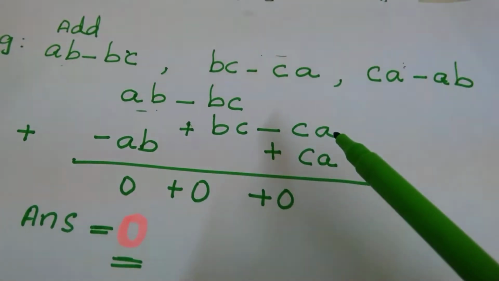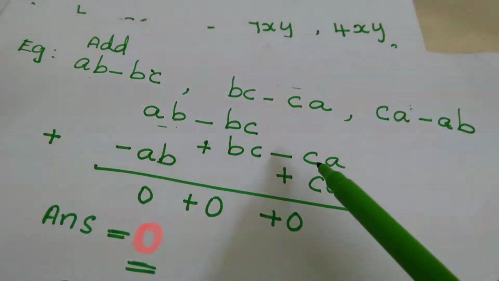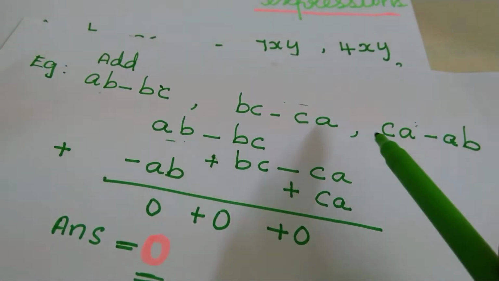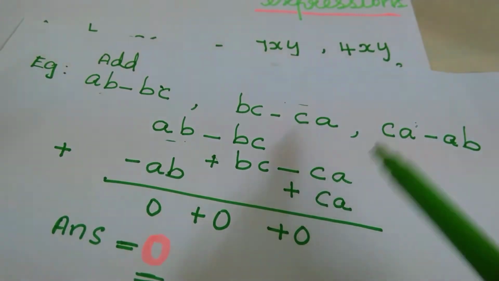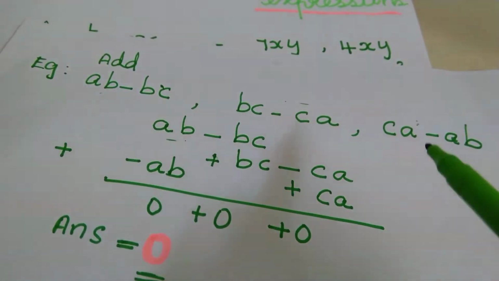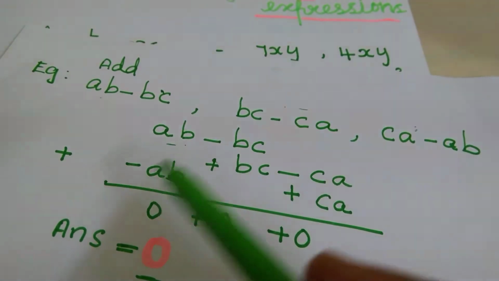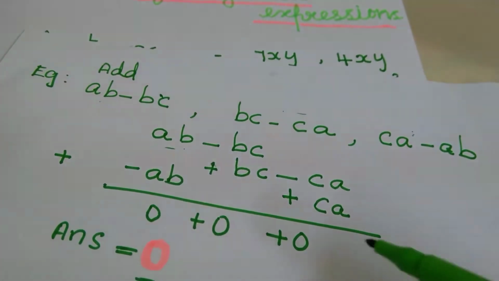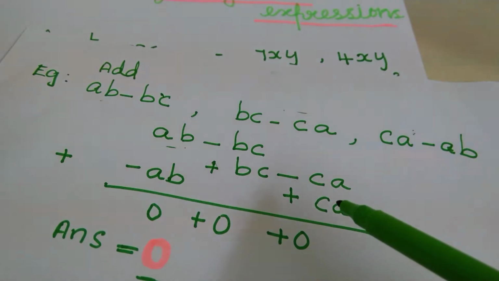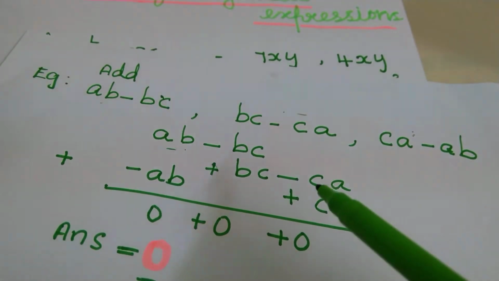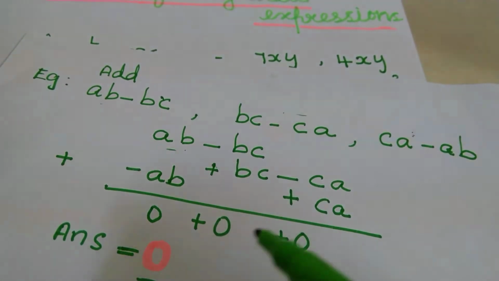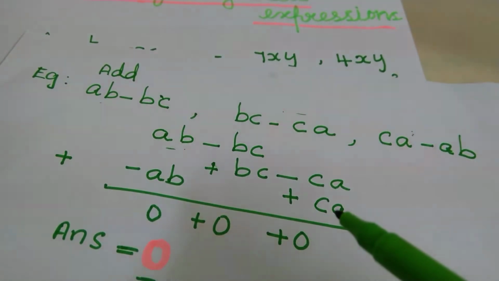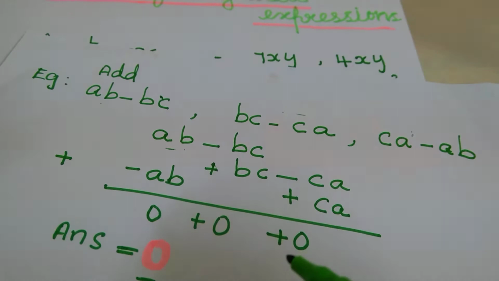Then third expression CA minus AB. We will write this CA under this CA with a plus sign in front of it, which is the sign of this CA. Now this AB we can write under this AB with a minus sign. So when we add, minus CA plus CA is 0, as we have seen before.